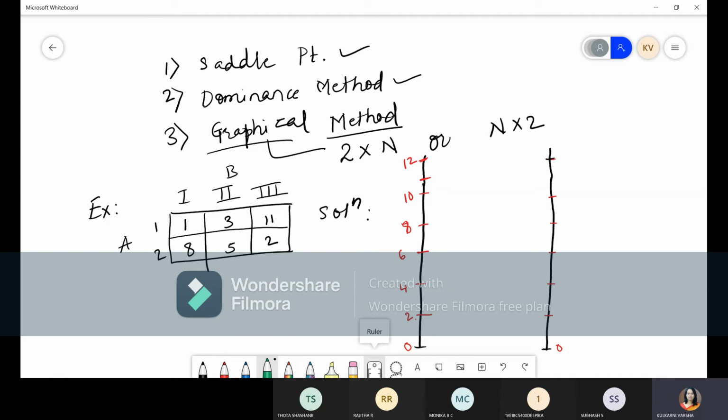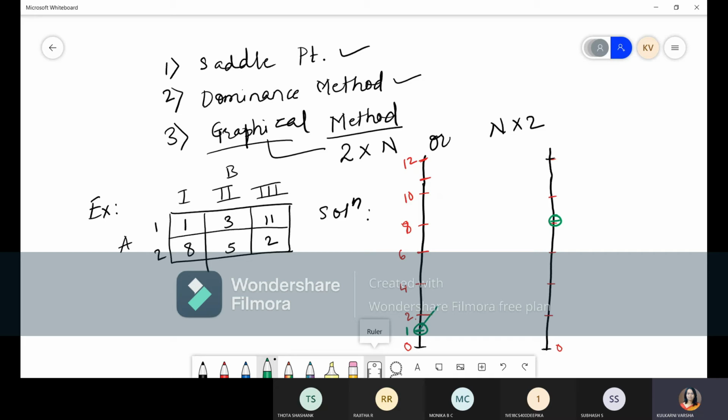In this line we want 1, so we'll mark it here, and on the other line we want 8. So we'll take this 8, and now draw the line which joins these 2 points.